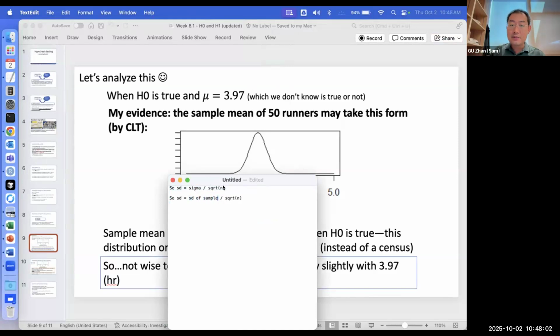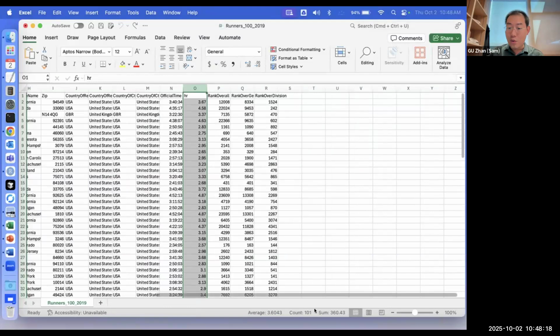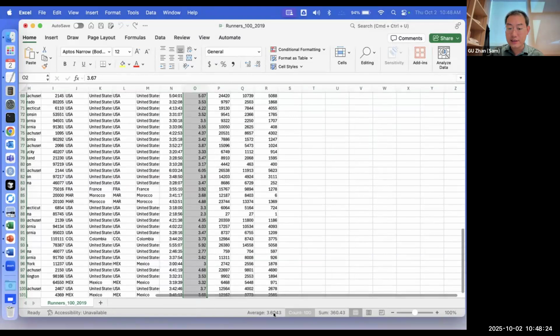From this slide, there's a mean of 15 runners, then your n will be 50. If sigma is known to you, that's good. If it's not known, we can estimate it from the sample. In this sample we have 100 athletes, count 100, and the average is 3.6, in the Excel CSV.